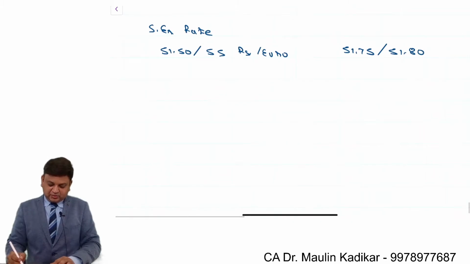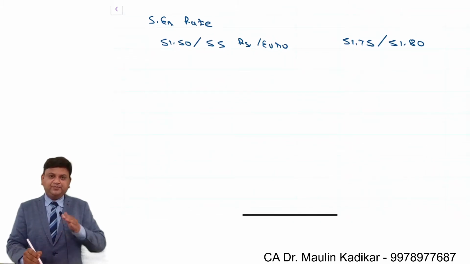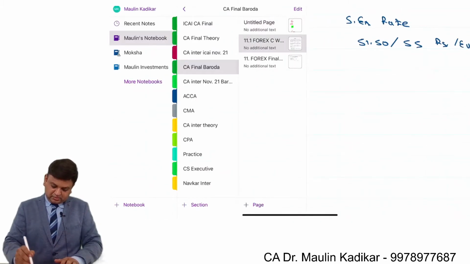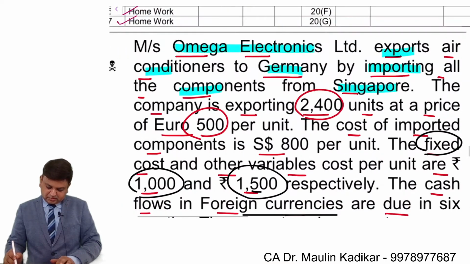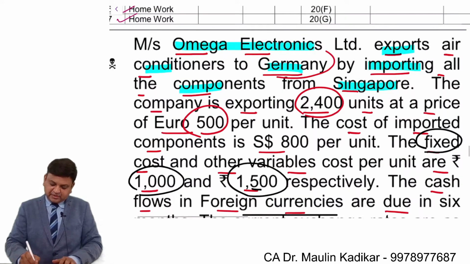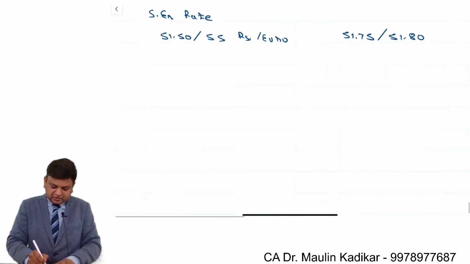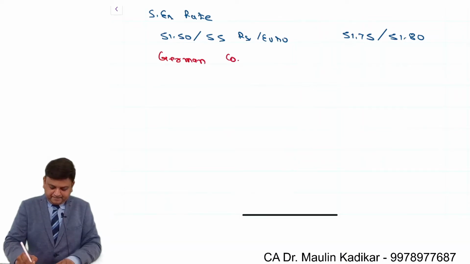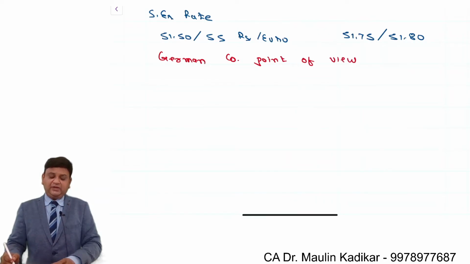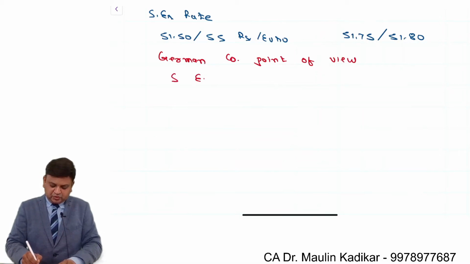Now we understand that, from the German company point of view, which is importing the goods, the kind of transaction in which it will enter for the purpose of making payment is like sell of euro and purchase of rupees.